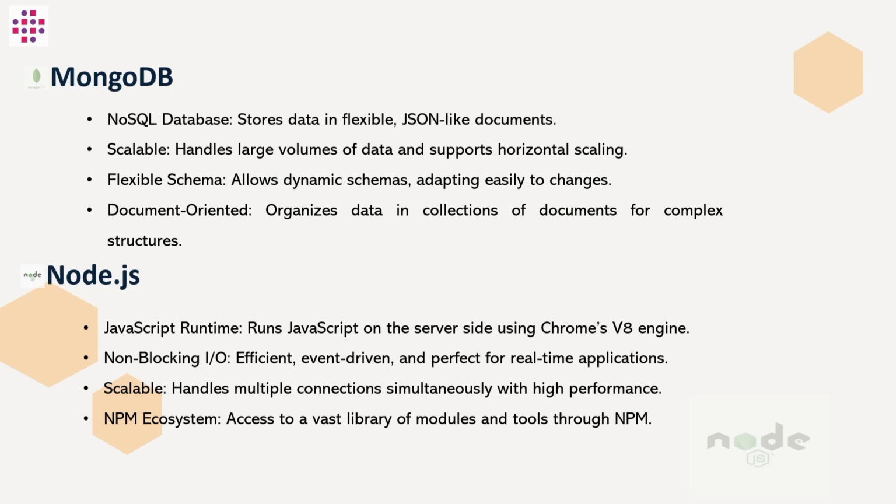Designed for scalability, it can handle large volumes of data and support horizontal scaling across multiple servers. It allows for dynamic schemas, enabling you to store different types of data within the same collection, making it adaptable to changing requirements.